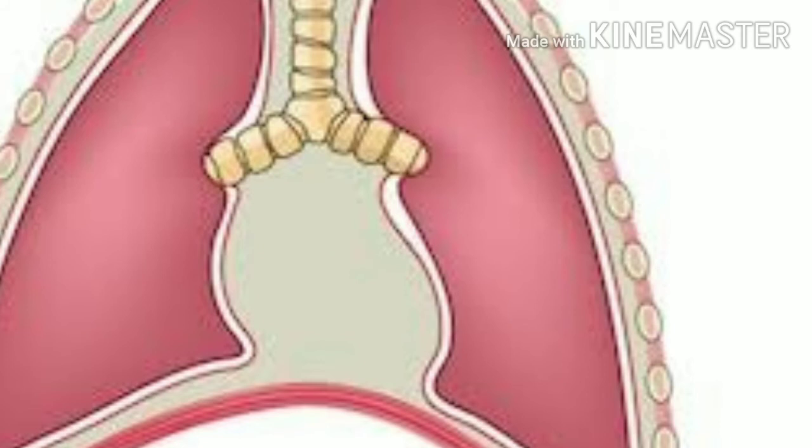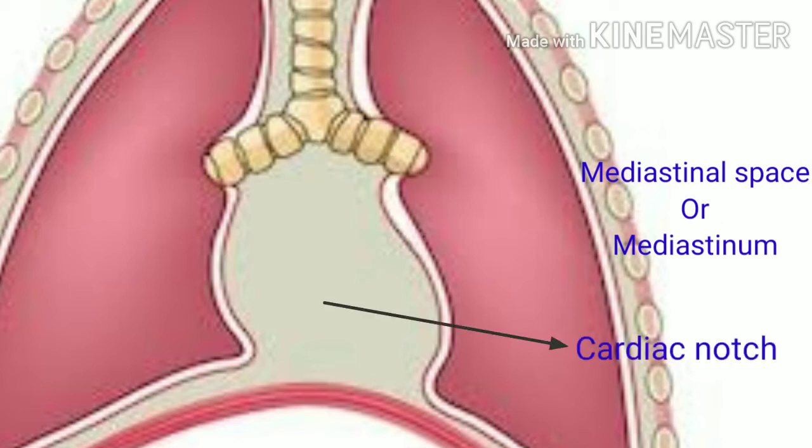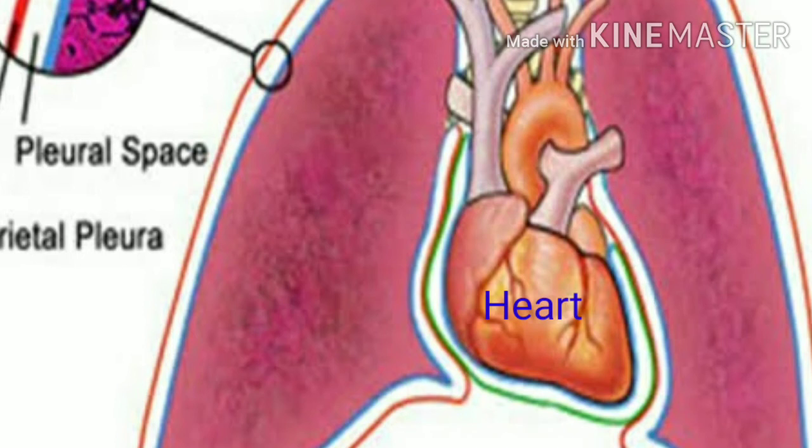Here, the space between the two lungs is called the mediastinum. If you observe the base of the left lung, a deep depression or concavity is called the cardiac notch. The cardiac notch and mediastinum help the situation of the heart towards the left side between the two lungs.